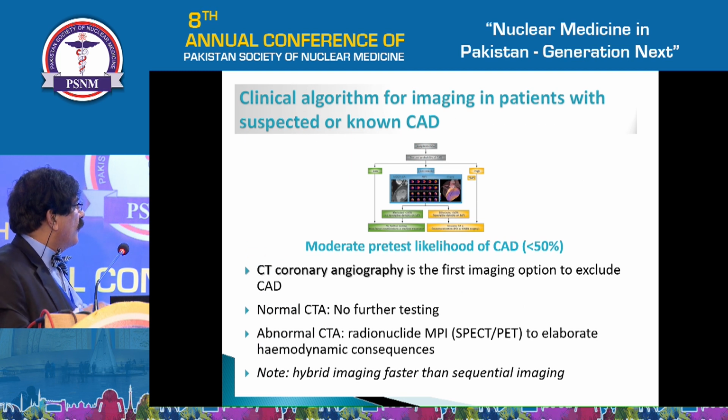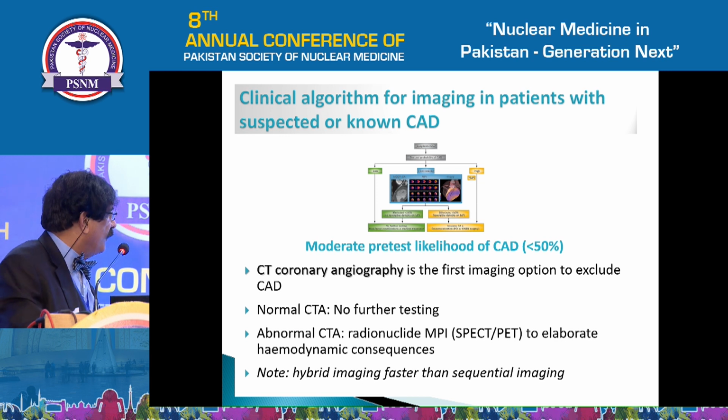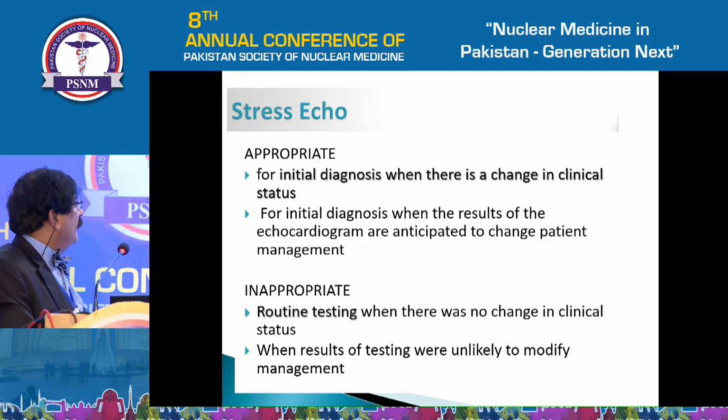Here, CT angiography, being the first imaging modality, is used for moderate pretest likelihood of CAD, less than 50%, and stress echo is appropriate for the initial diagnosis when there is change in the clinical status, but is not appropriate for routine testing.